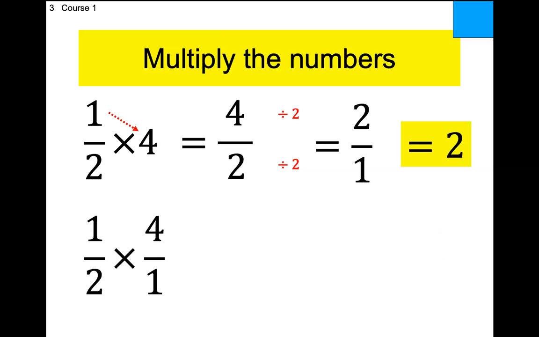If I take this whole number and write it as a fraction, 4 over 1, 1 times 4 is still 4, but what's 2 times 1? We get the same answer, which is why the more general rule for multiplying fractions is, anybody know? Well, how do we multiply fractions? Across. That's where we get this more general form of the rule for multiplying fractions: multiply across.